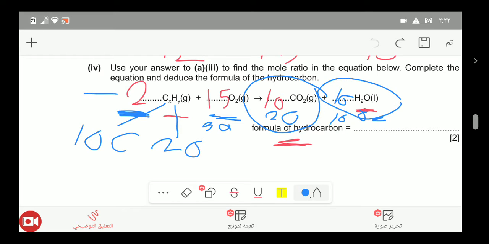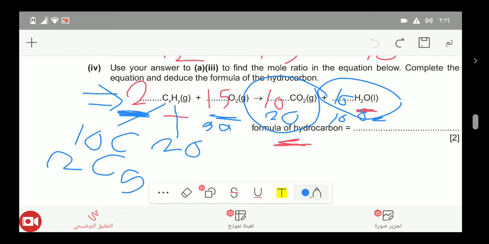Remember that we have 2 as a factor. So the formula may be 2C, to have 10 carbon, C5, because 2 multiplied by 5 equals 10.